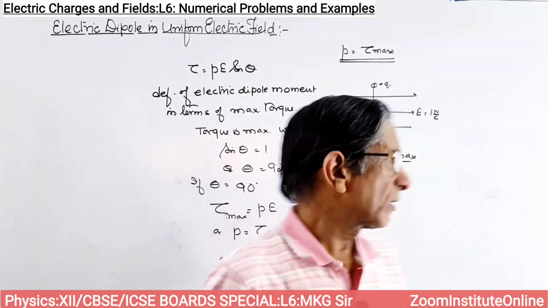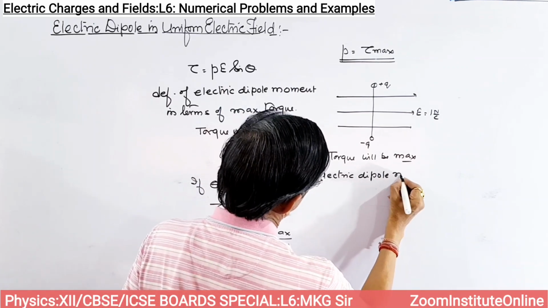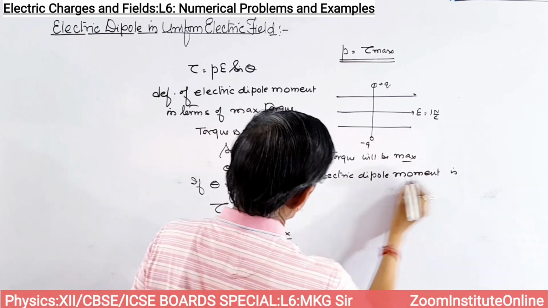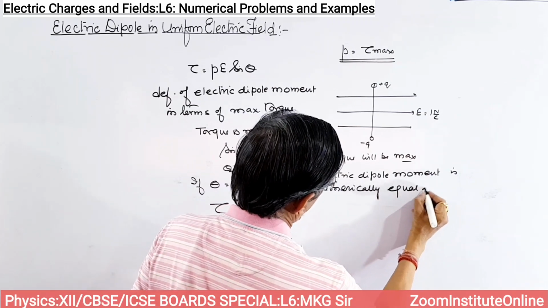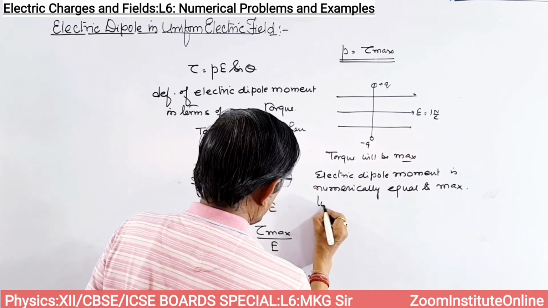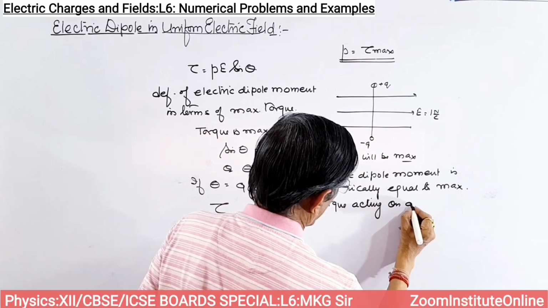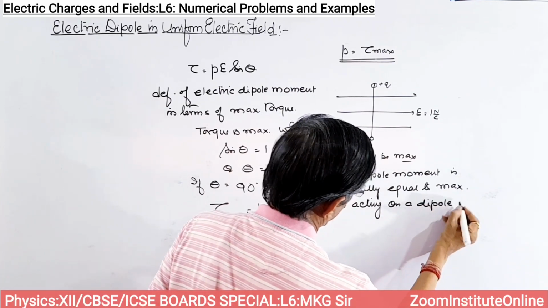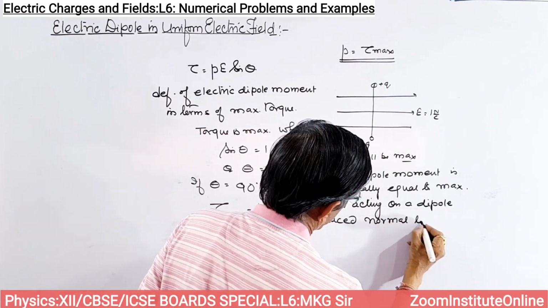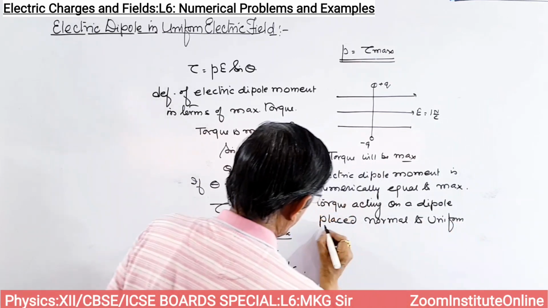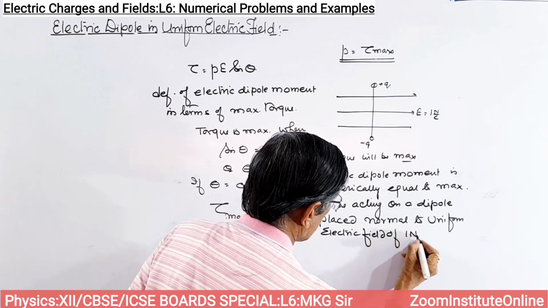तो इलेक्ट्रिक डाइपोल मोमेंट इज न्यूमेरिकली इक्वल टू मैक्सिमम टॉर्क acting on a dipole placed normal to uniform electric field of 1 Newton per Coulomb.